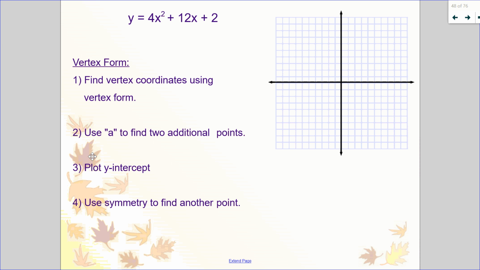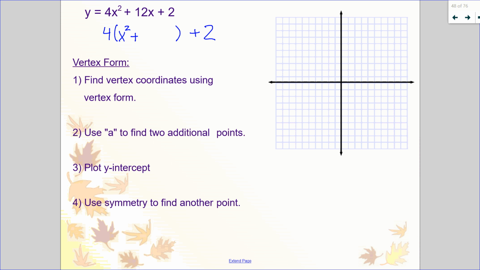So this one is not in vertex form, so we're going to get it there. First step, we factored out the 4. X squared plus, and then the plus 2 went on the outside.